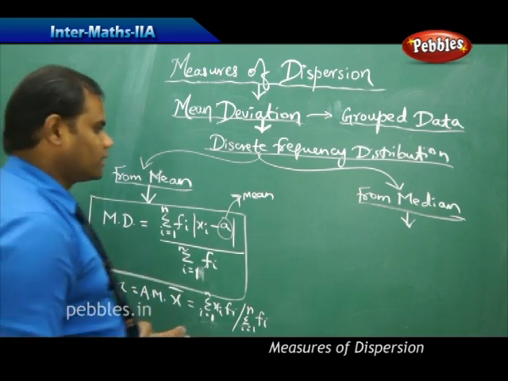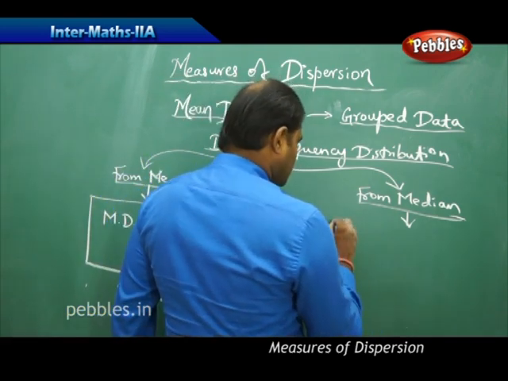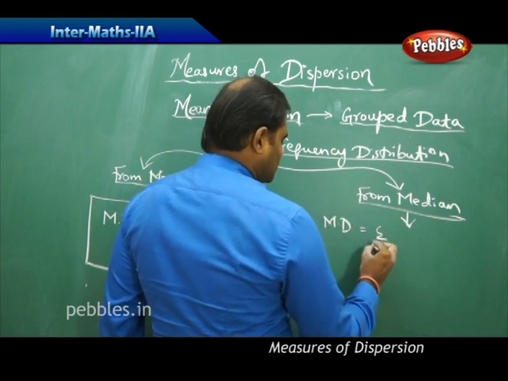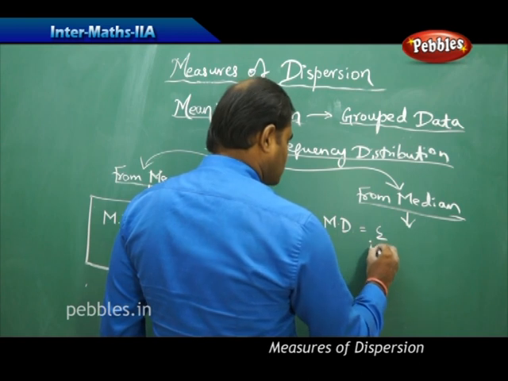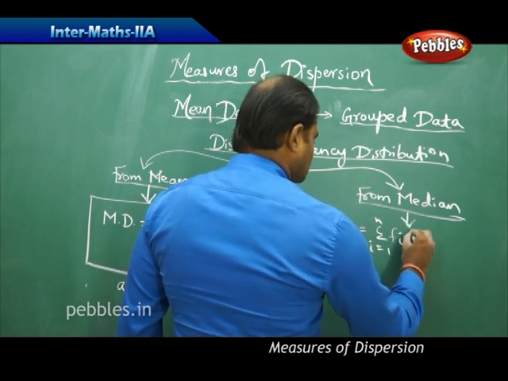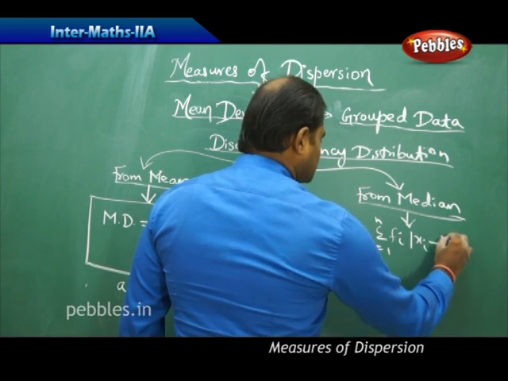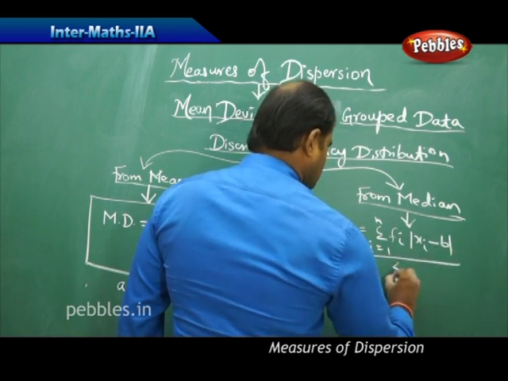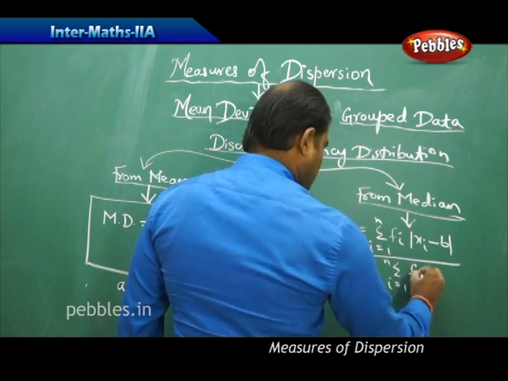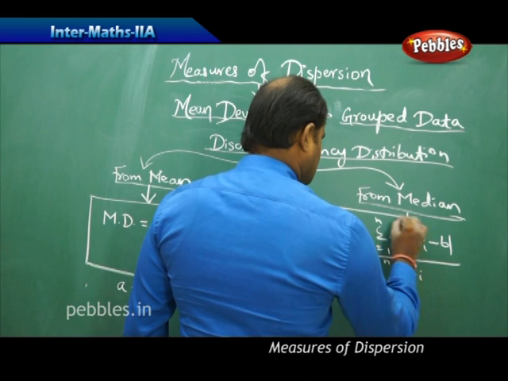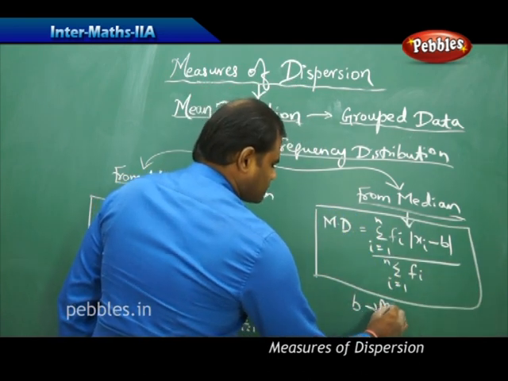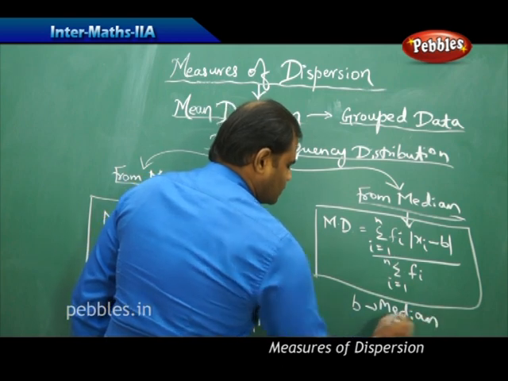Now let's see how we can calculate through median. That is, the mean deviation from median is sigma i running from 1 to n of fi mod xi minus b, divided by sigma i running from 1 to n of fi, where b is the median of this score.